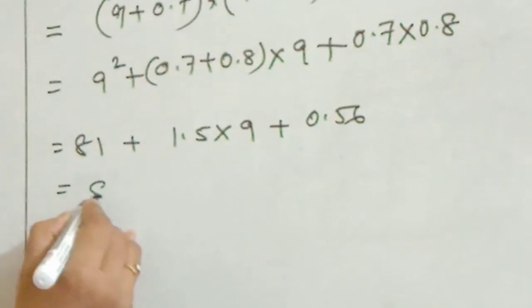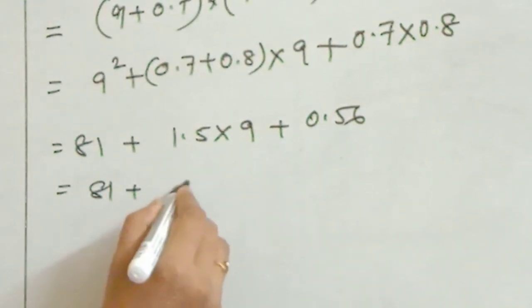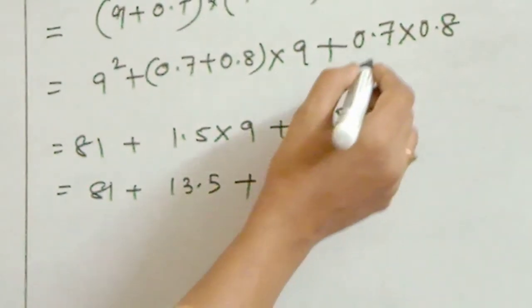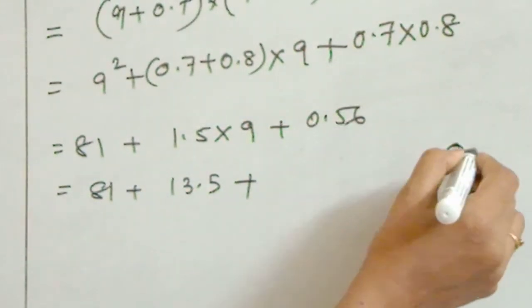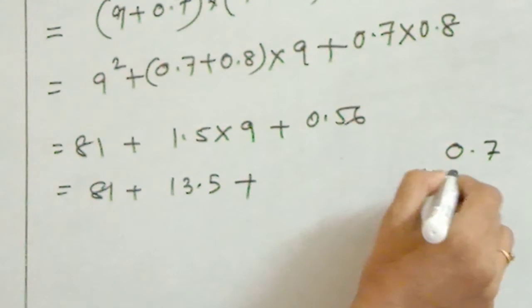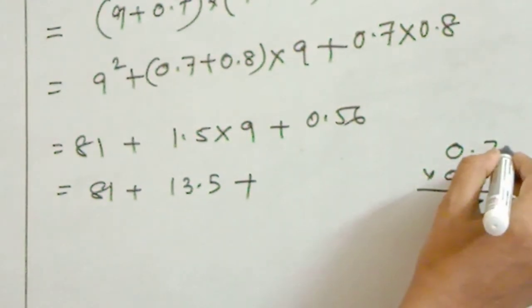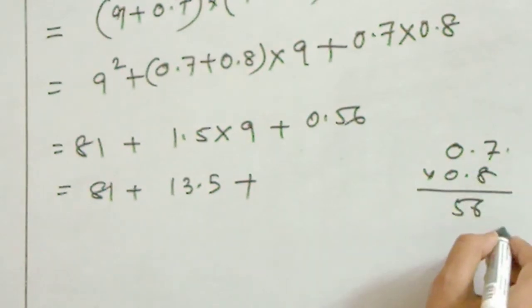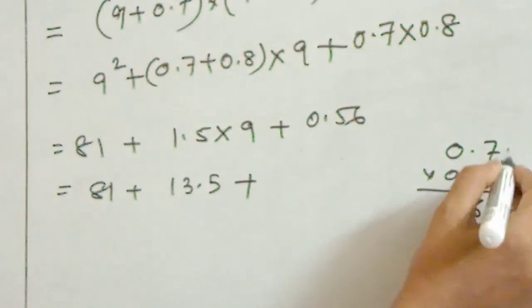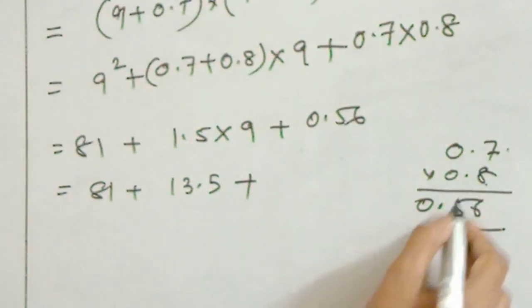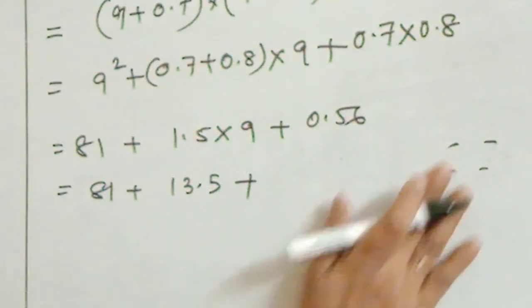Now 81 plus 13.5, when you are multiplying 0.7 into 0.8, it will be 56, and the point will move to the left side after 2 places, 1 place and 1 place, so 0.56.